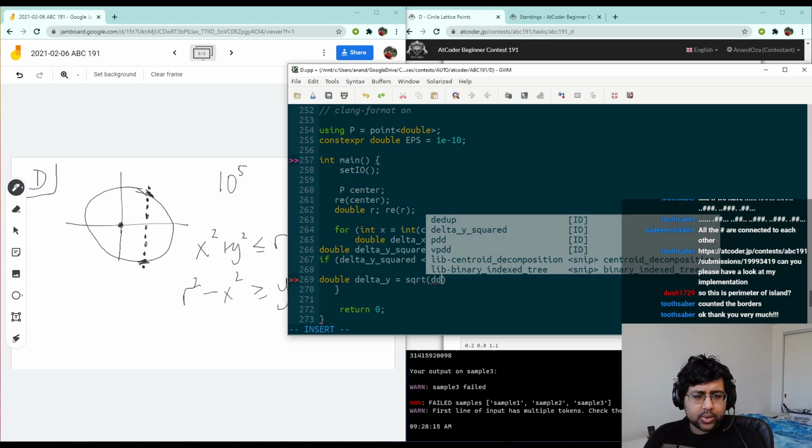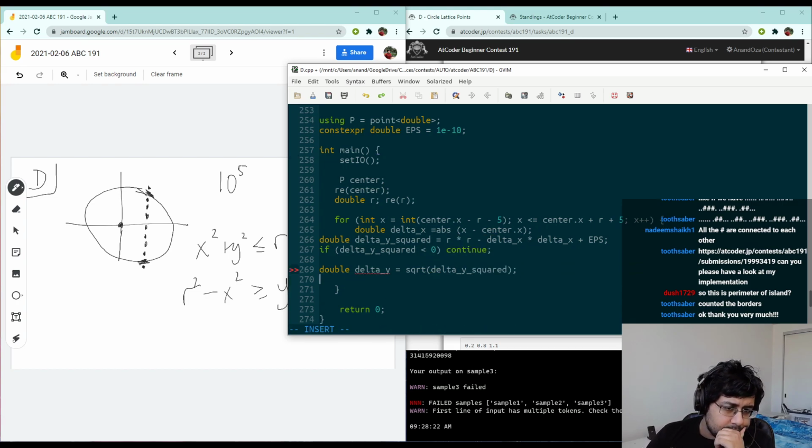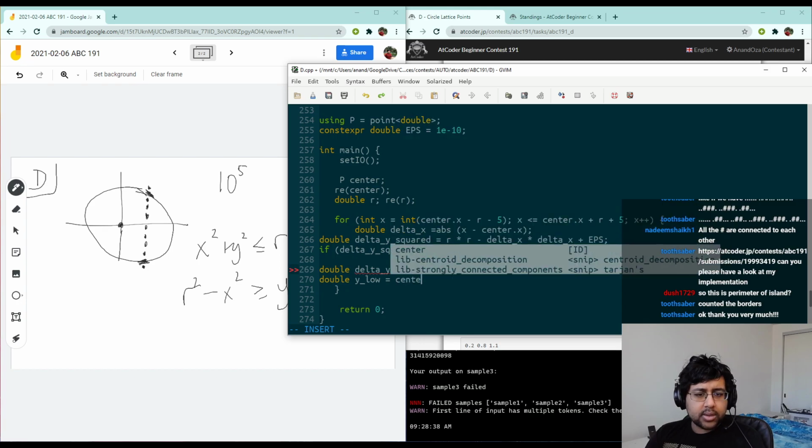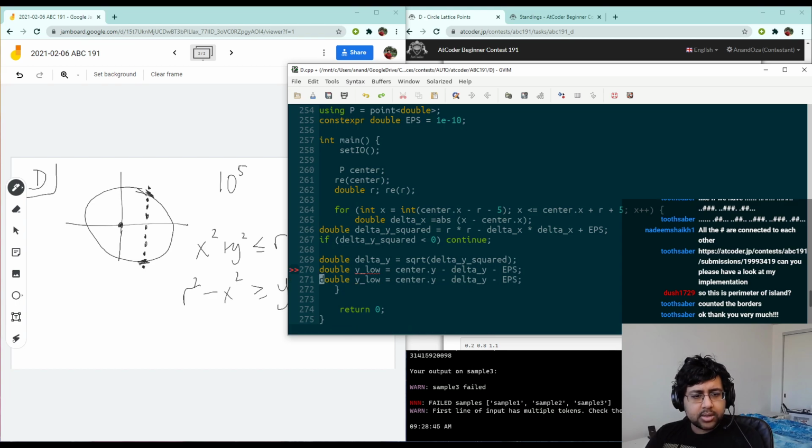So now I guess I just want to take the square root of that. And then what I want to do is count how many things are within that. So the lower value of y would be center.y minus delta y. And I guess let's subtract epsilon.